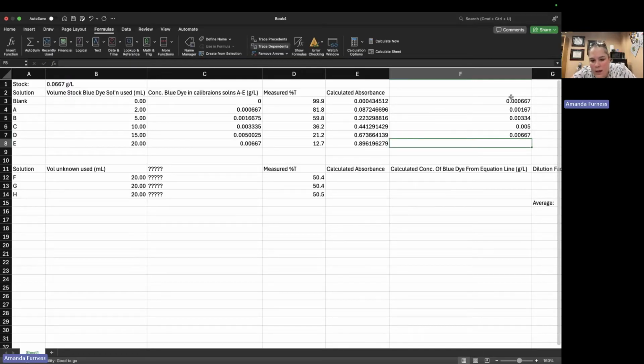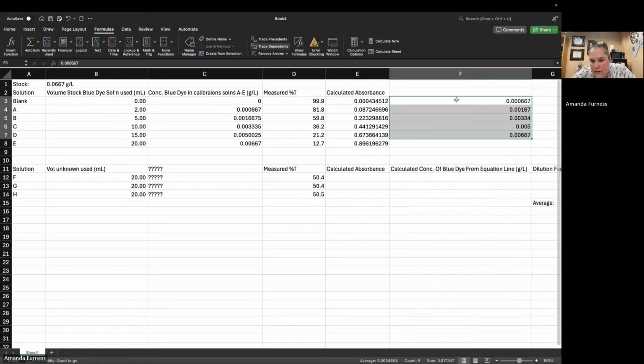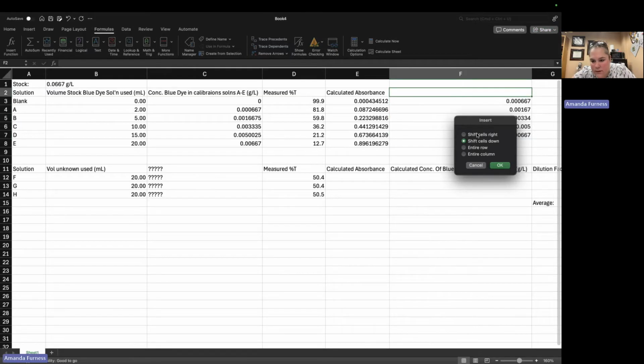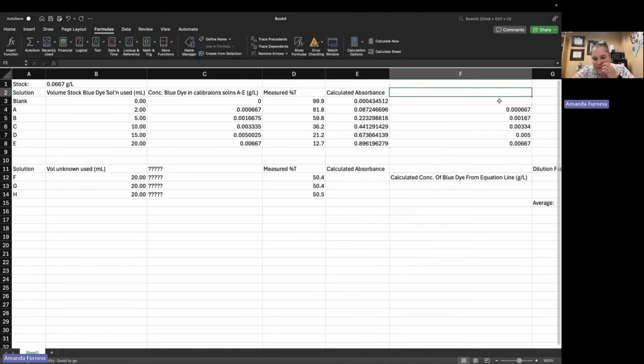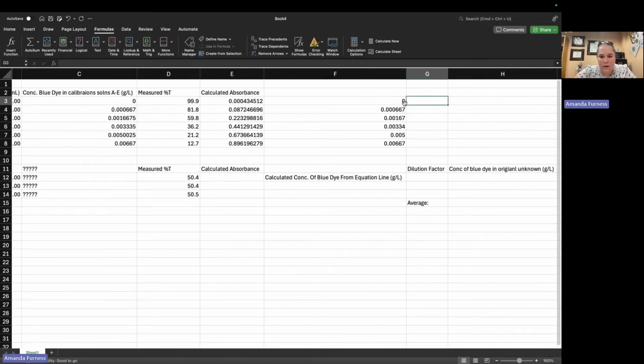Okay, and I forgot to leave the blank here, which would be 0. Okay. So those are all of our concentration values with the correct number of sig figs.